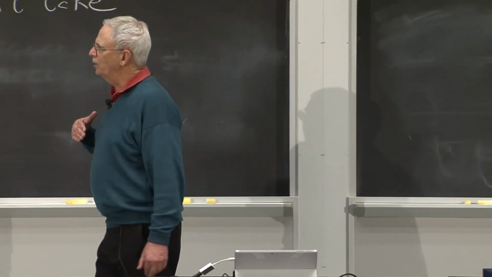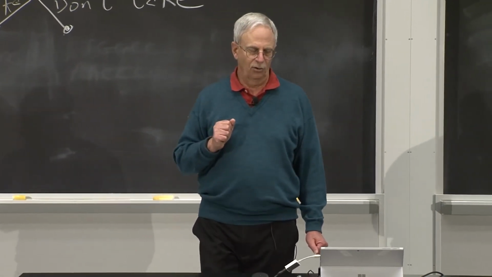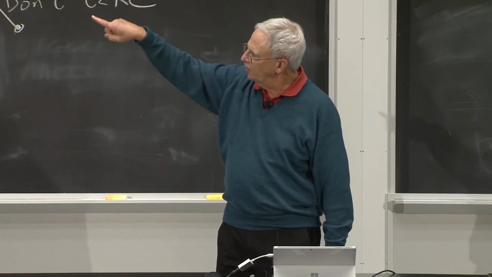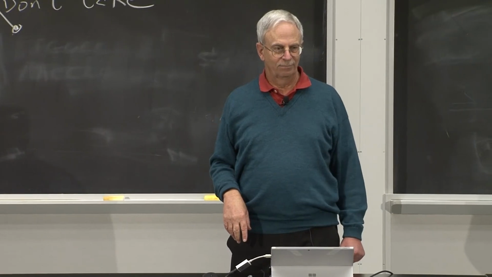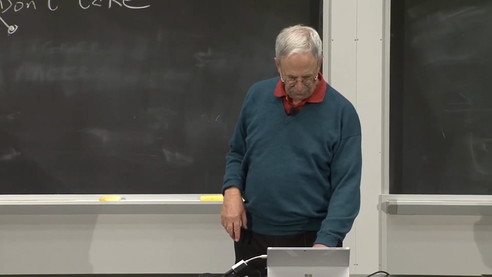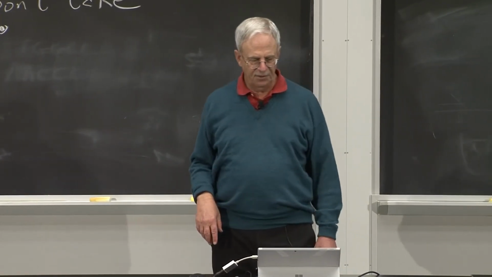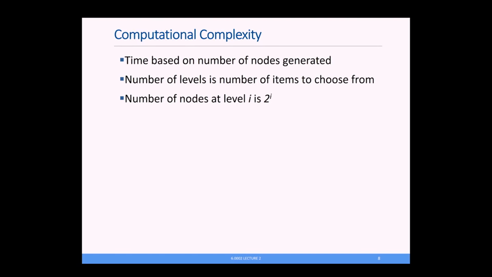The next question we need to ask is, how many nodes are there at each level? You can look at this and see the deeper we go, the more nodes we have at each level. In fact, we can see that the number of nodes at level i, depth i of the tree, is 2 to the i.